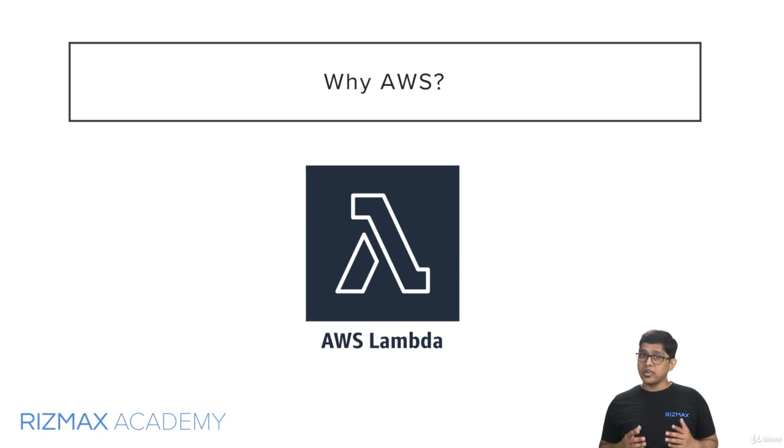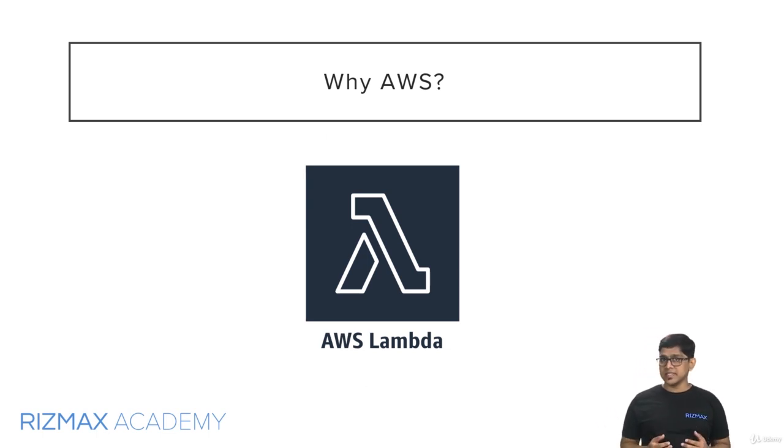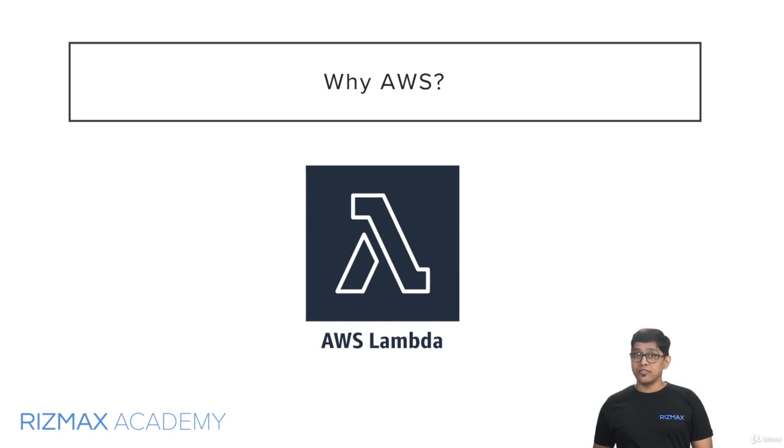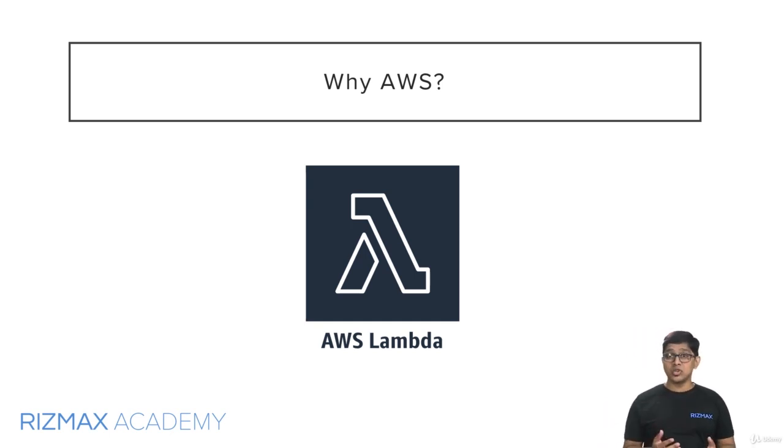Besides being the first to enter the serverless space, AWS Lambda has its strength in being part of the huge AWS ecosystem, thereby allowing seamless integration with a host of other AWS services. In this course, we're going to mainly focus on the serverless offerings provided by the AWS platform.